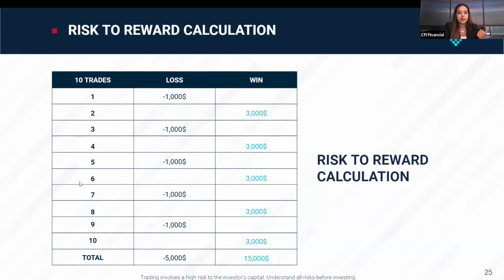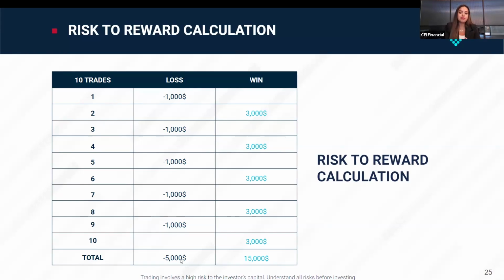For example, here we lost $1,000, but on the second one, as we placed our take profit 3 times our stop loss, we gained $3,000, and here we lost $1,000. As you can see, overall we won $15,000 and we lost $5,000.